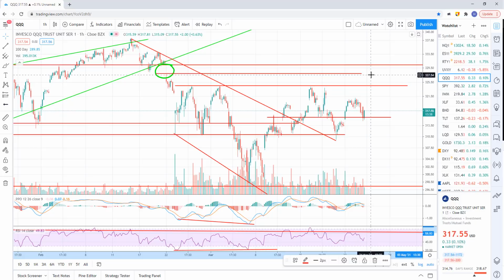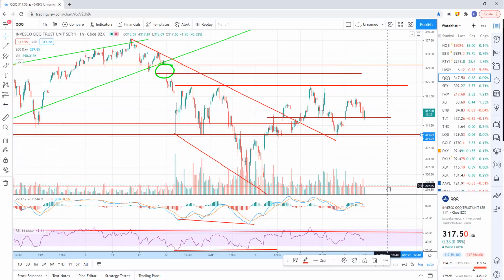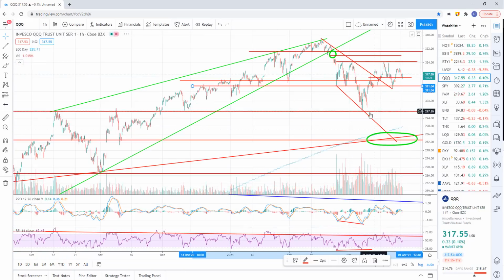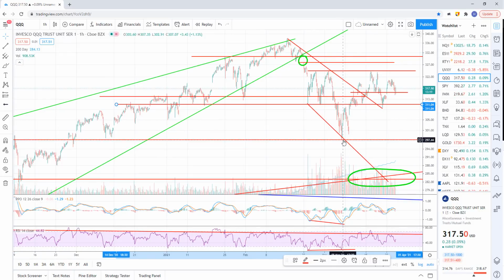If we break to the upside of the upper end of the range, then perhaps we're not going to make that next leg lower. That's always possible as well. If we break to the lower end of the range, 311 down here, then I think we're going to head down to 297, the former bounce area, which was 297.44. Look for a break of that.